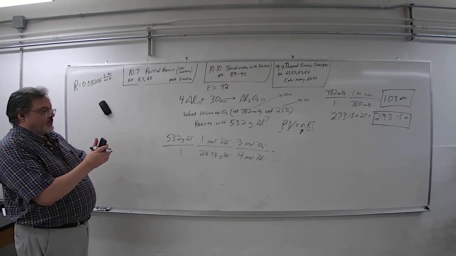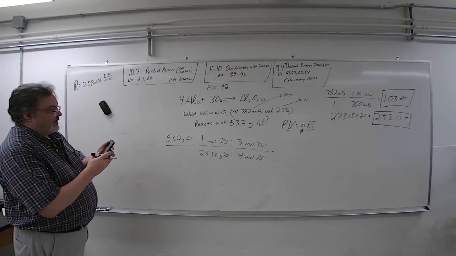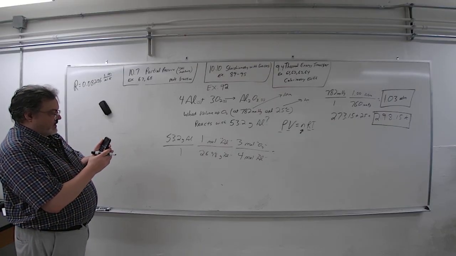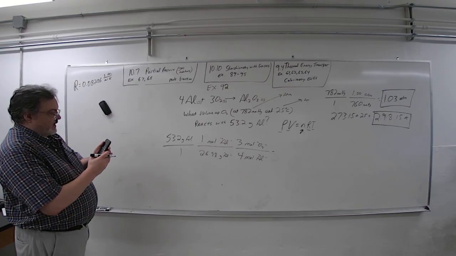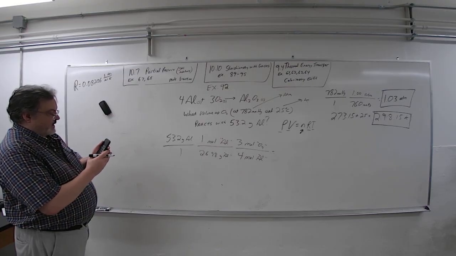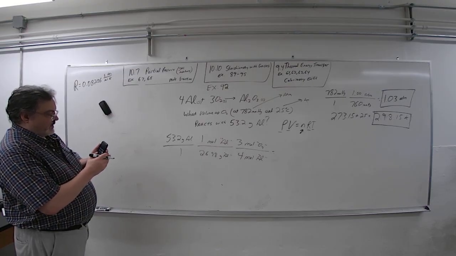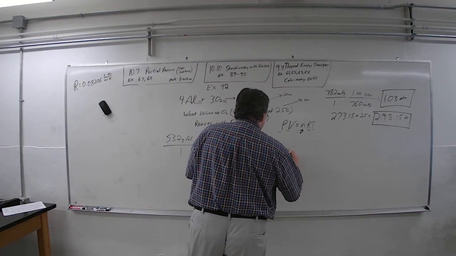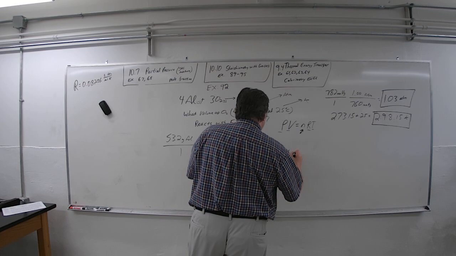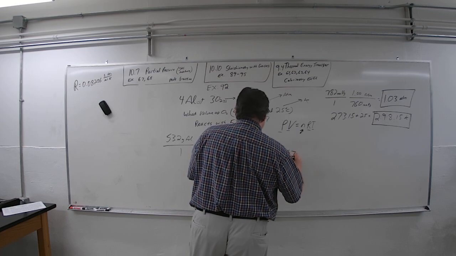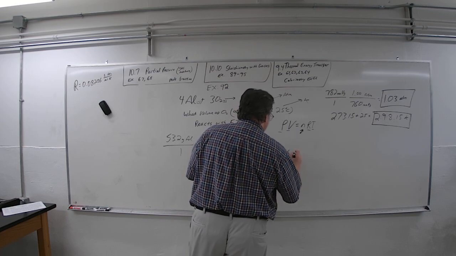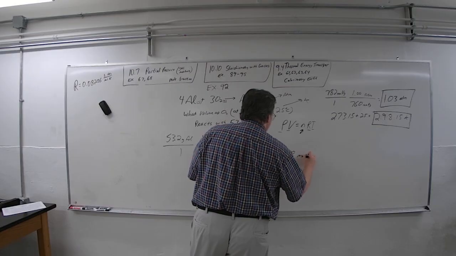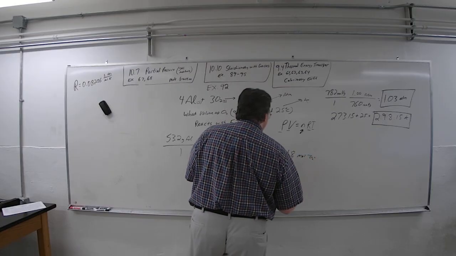And then we'll use PV equals nRT to find the volume. 53.2 times 3 divided by 26.98 divided by 4. 1.47 moles of O2.